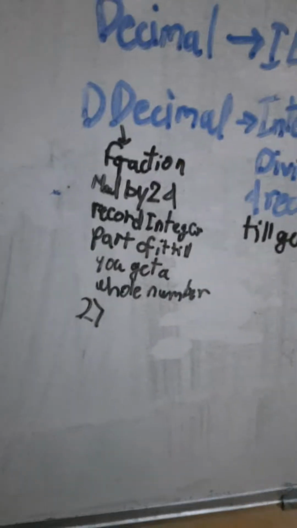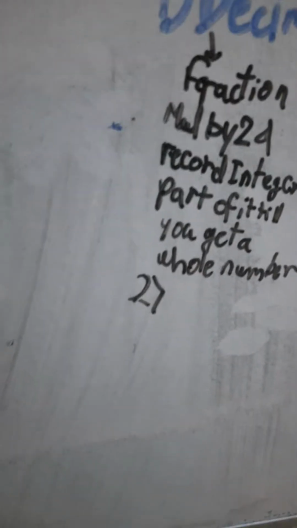Then after converting that, the second step: you would get a binary number, and there would be a binary point.